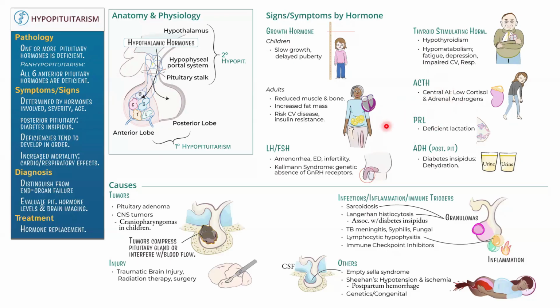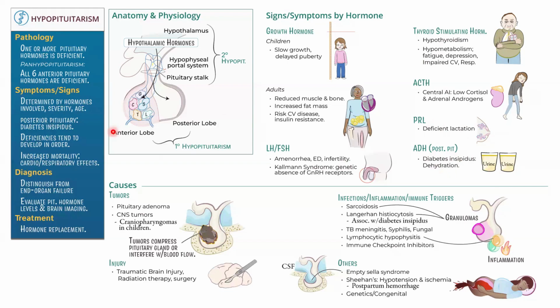Also, if you have deficiency in production of prolactin, a hormone that enables milk production in the mammary glands or in the breast, it will lead to deficiency in milk production. And then the other one is antidiuretic hormone in the posterior pituitary, which leads to diabetes insipidus.